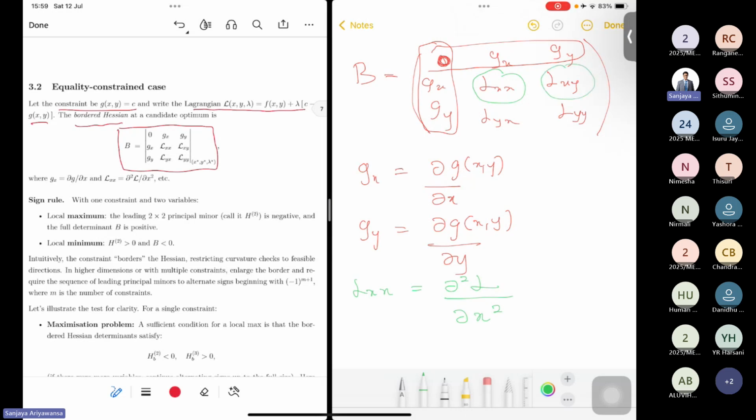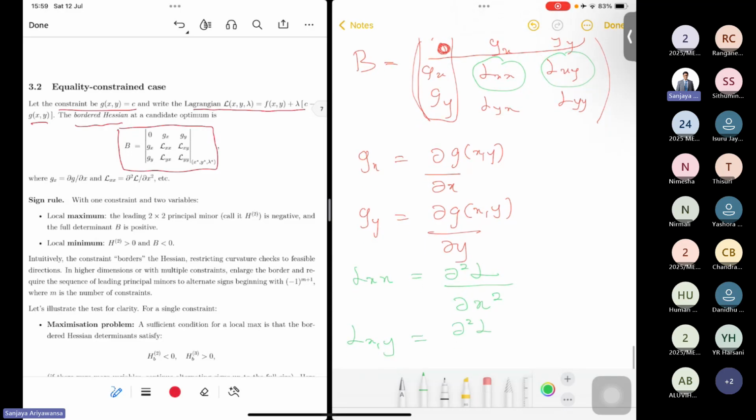What is L of xy? It's very similar to what we did before with the Hessian matrix: partially differentiating your Lagrangian function first with respect to x, then with respect to y. And similarly for the others. So Lyy is the second order derivative of your Lagrangian with respect to y.